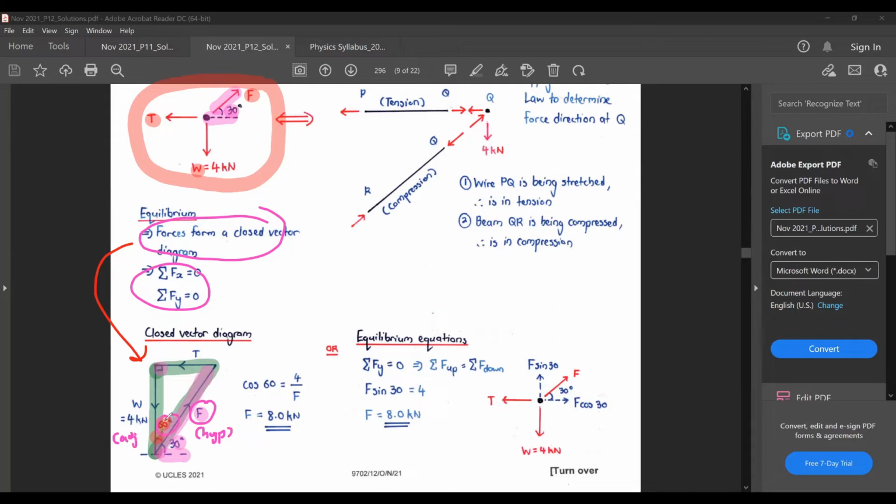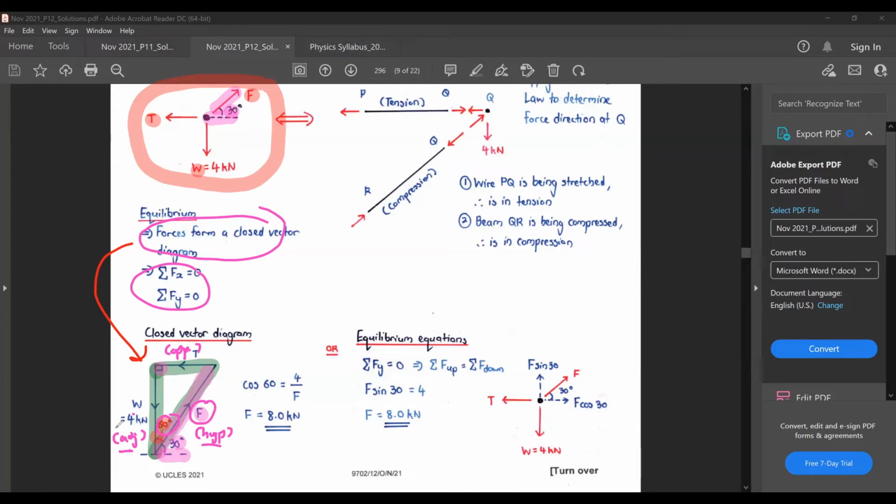If I'm talking about 60 degrees now, this W, 4 kilonewton, is the adjacent side. This F is the hypotenuse. This side is the opposite side. I only want to make use of the adjacent and hypotenuse.